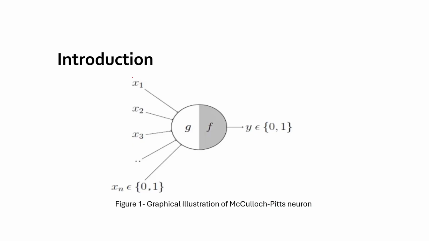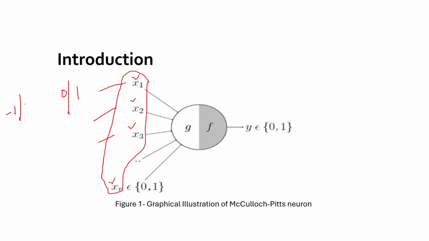Here, x1, x2, x3 up till xn are the inputs received by the McCulloch-Pitts neuron, and their values could be either 0 or 1, or -1 or 1. The first function g receives these inputs and does some aggregation on them.